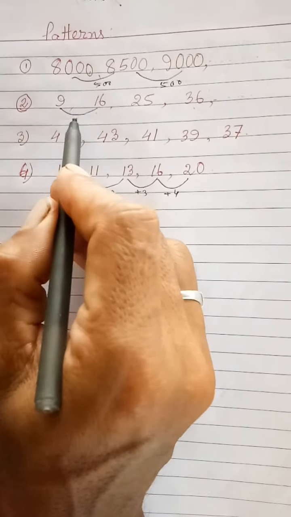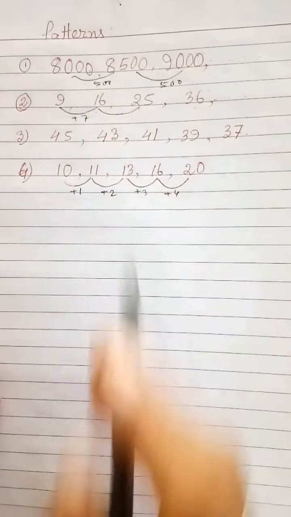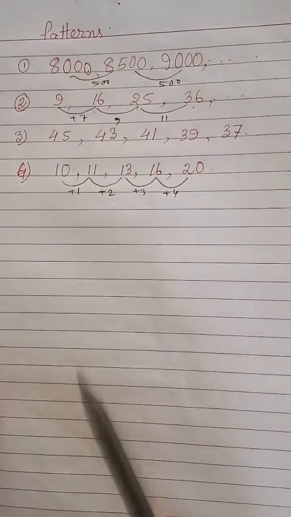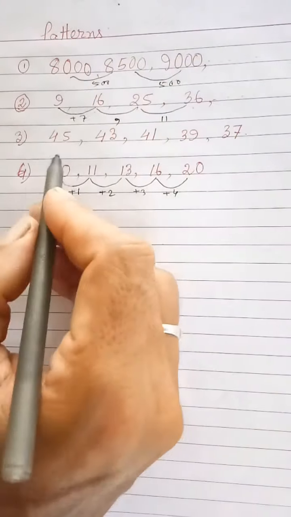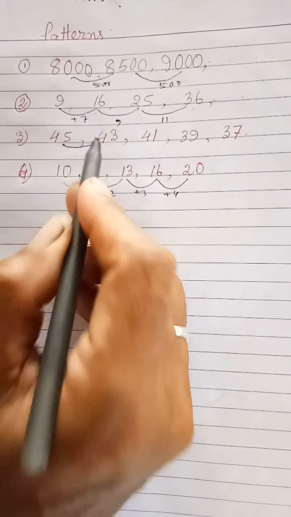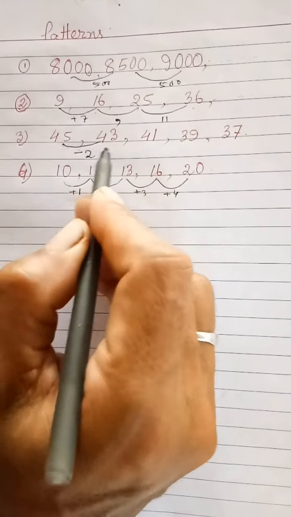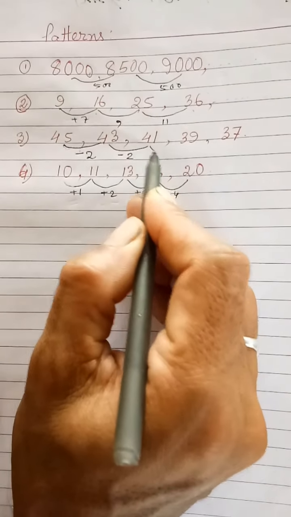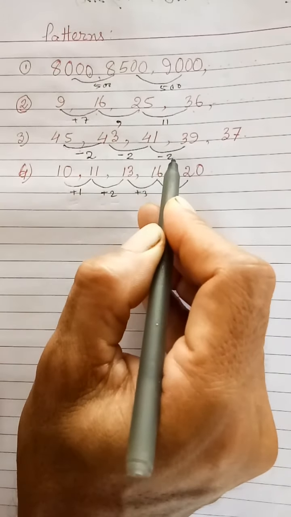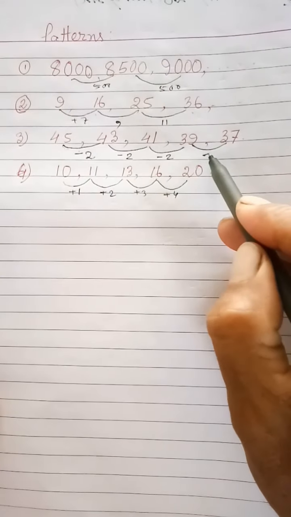It is increased by 7, and then by 9, then by 11. And you can say this is reduced by 2, or you can say it is increased by minus 2.